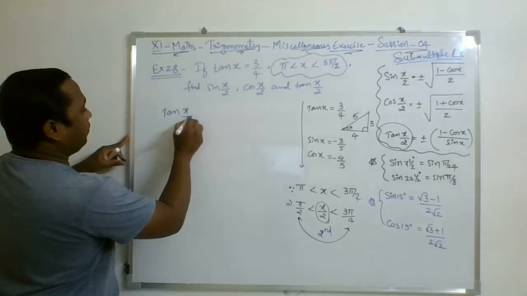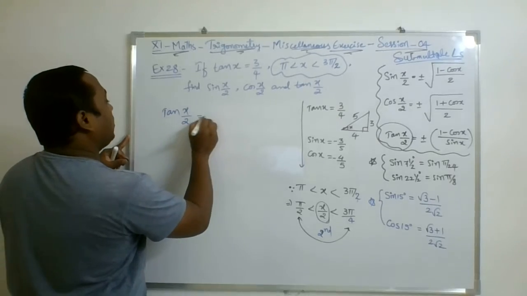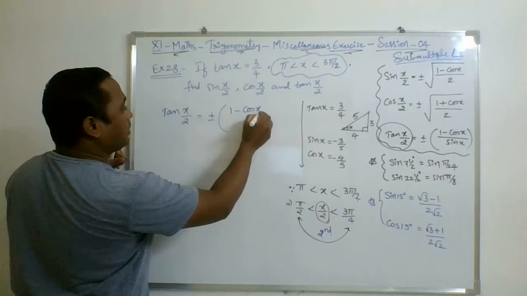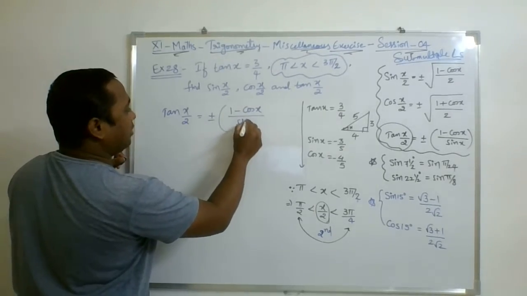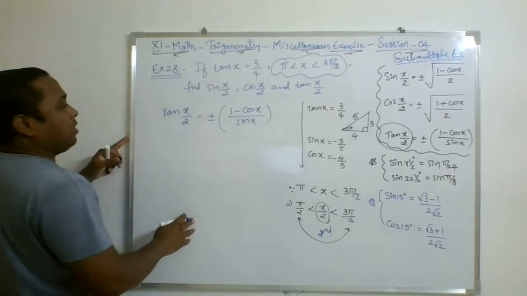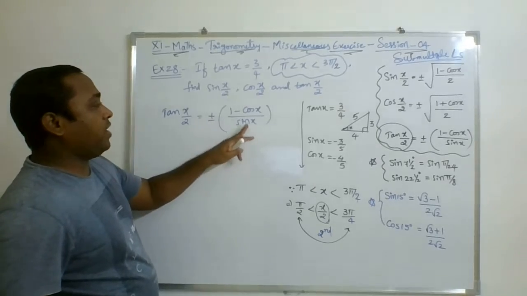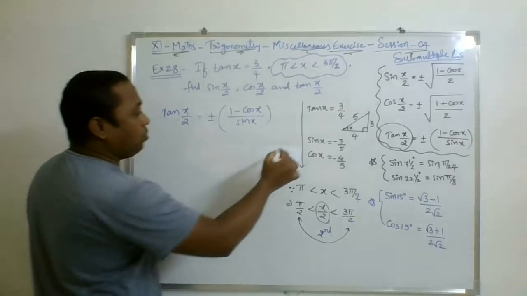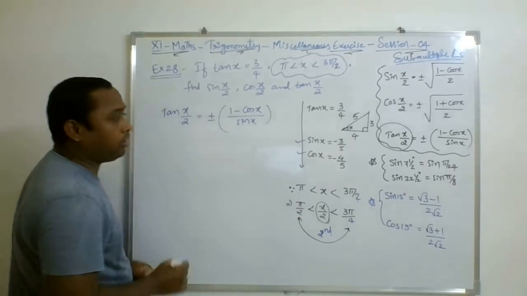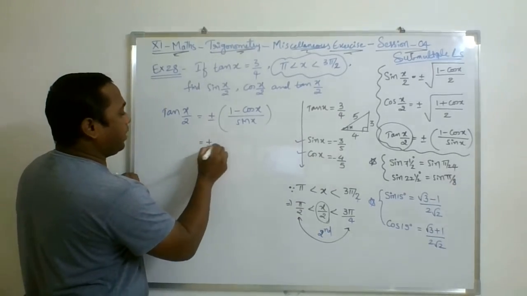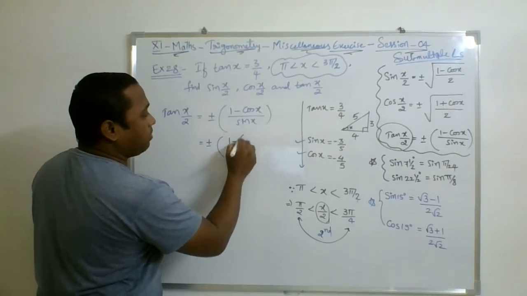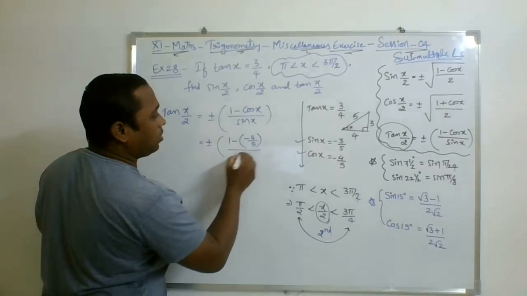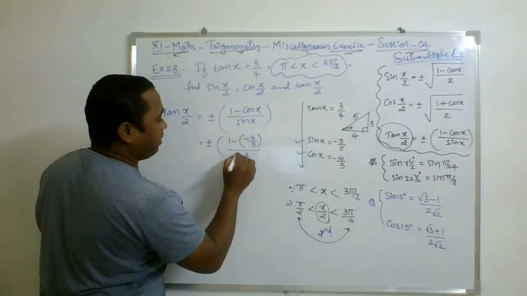What is the formula of tan x by 2? Plus minus under root of 1 minus cos x by sin x. We require sin x value and cos x value to find tan x by 2. And we know that values are already calculated, just use those values over here. 1 minus minus 4 by 5 upon minus 3 by 5.